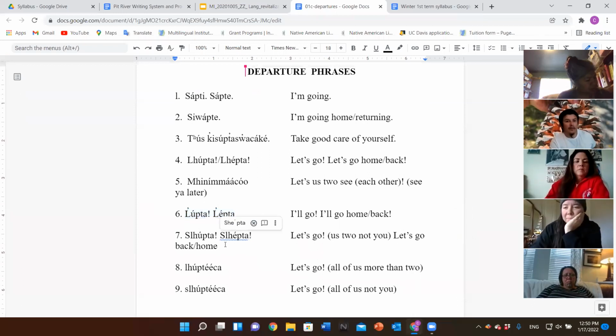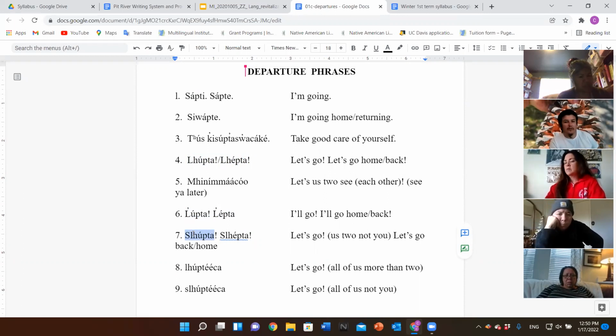And then here we have slahupta or slahepta. So this is similar to number 4 here, but if you add the S on it, so that'd be like, if I was talking to you, and I said slahupta, I would say like me and this other person are going. So it's excluding the person that you're talking to.